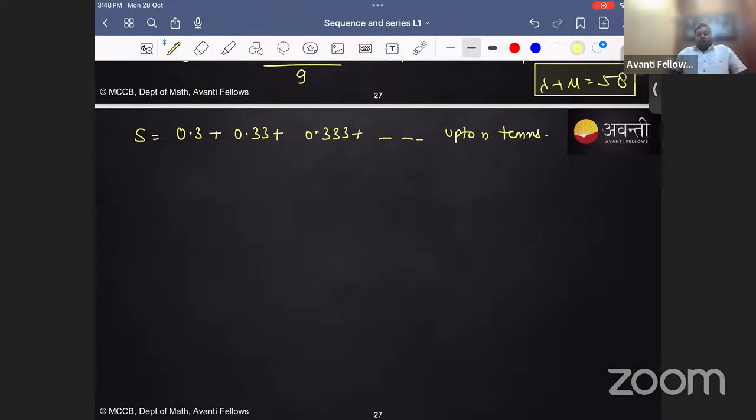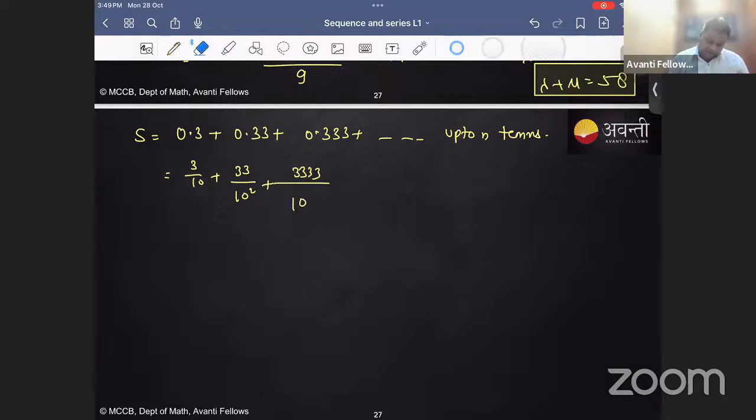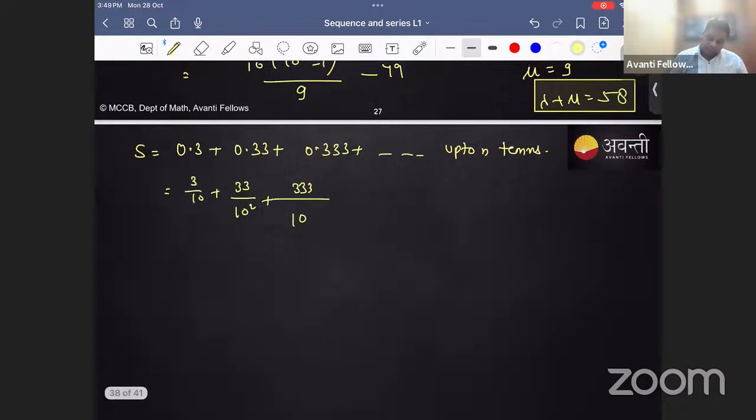Yes, anybody? Now see, this is equal to 3 by 10, 33 by 10 square, 333 by 10 cube, 3 by 10 to the power 4, and so on up to nth term.